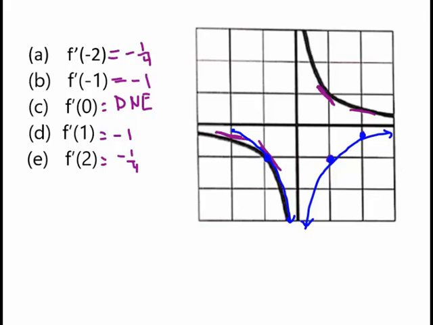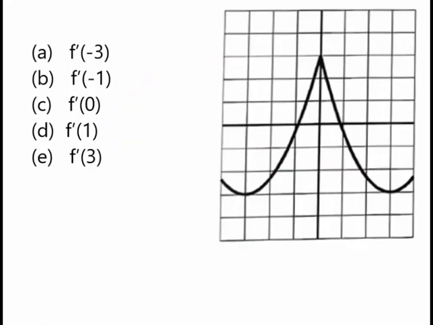Okay. Alright. Next one. F prime of -3. That is down here. Horizontal tangent, 0. F prime of -1. Right around there. We'll say like 2. It looks a little steeper. F prime of 0.